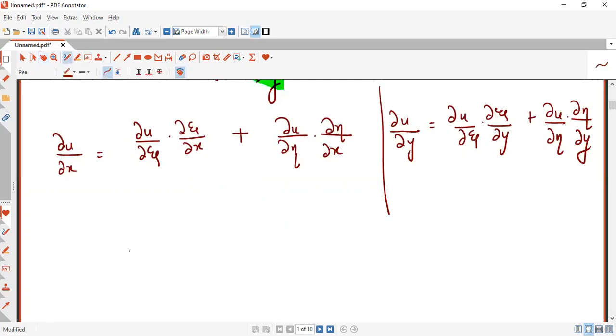That means when you have to find the double differentiation, you have to again differentiate it like this. So what will happen? What will you do in that case?